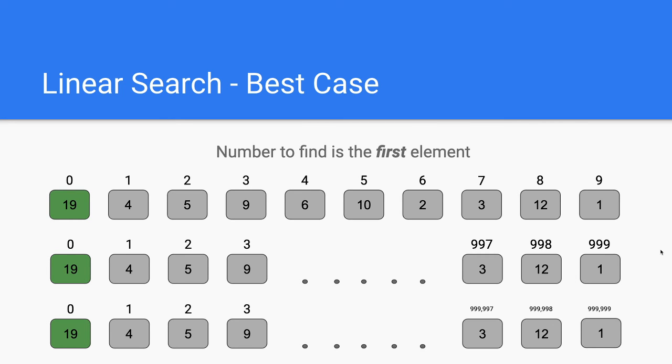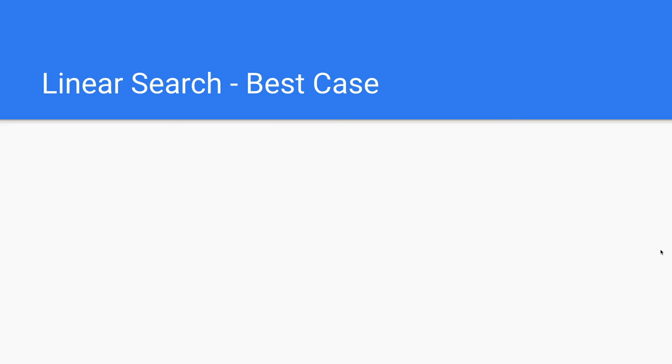If there are 1 million elements in the array, will that change? No. Linear search will still take only one step to find the element. Why? Because it exists at the beginning of the array. Based on this, we can conclude that it does not matter what the size of the array is in best case scenario, linear search would only take one step.